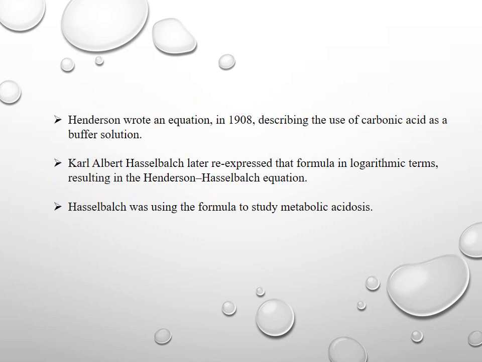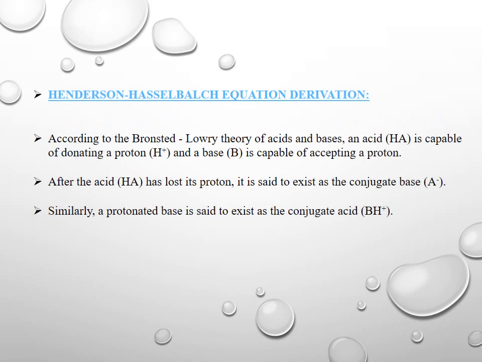Here B is the base, and BH plus is the conjugate acid. Henderson wrote on the equation in 1908, describing the use of carbonic acid as a buffer solution. Karl Albert Hasselbalch later expressed the formula in logarithmic terms, resulting in the Henderson-Hasselbalch equation. Hasselbalch used the formula to study metabolic acidosis.